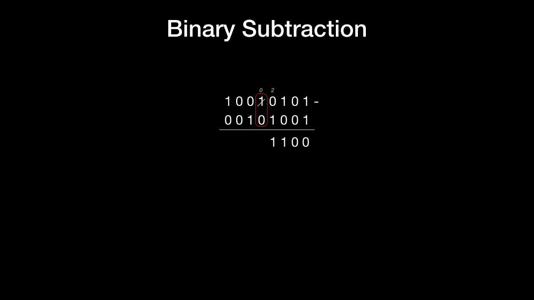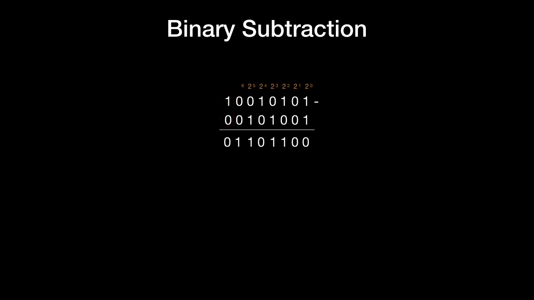0 minus 0 is 0. And here we have to borrow from the left again. So 2 minus 1 is 1. 1 minus 0 is 1. And the last one, 0 minus 0, is 0.